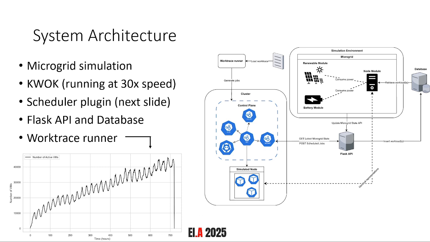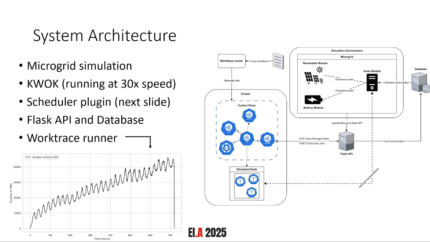System architecture. We have our simulator, and we have Quark, which is Kubernetes without Kubernetes. The idea is that we don't really execute a workload. We have a node saying, I am executing a workload, producing a number telling how much energy it's consuming, but actually it's event oriented.